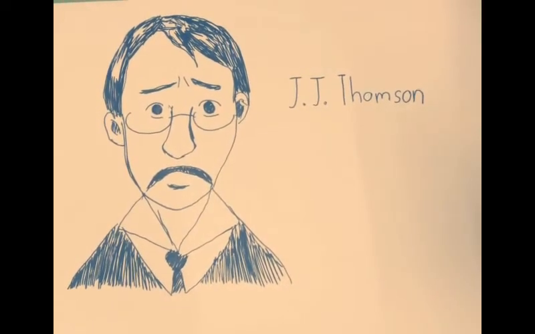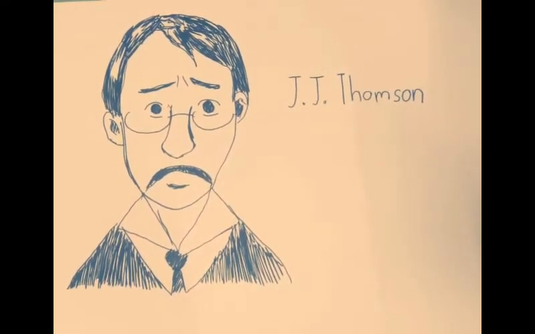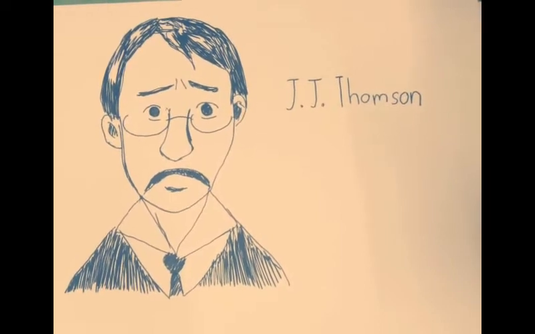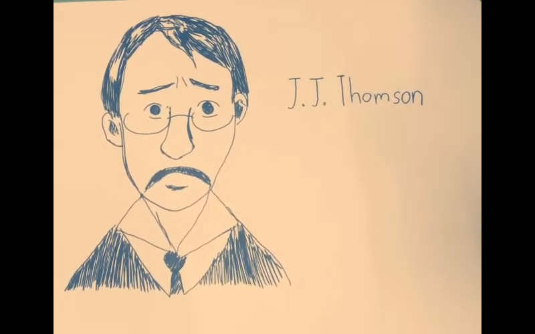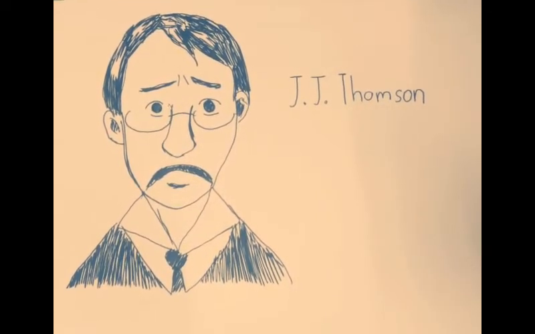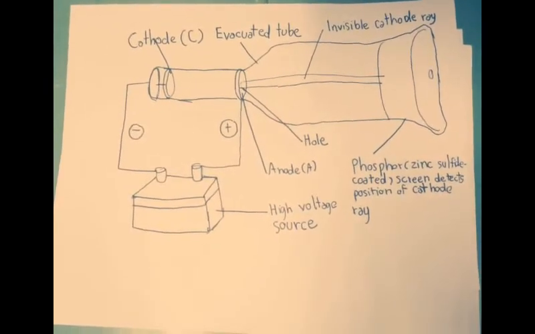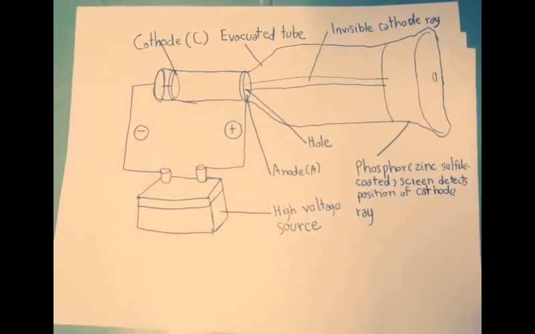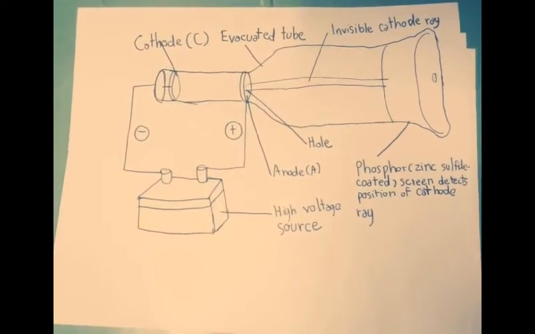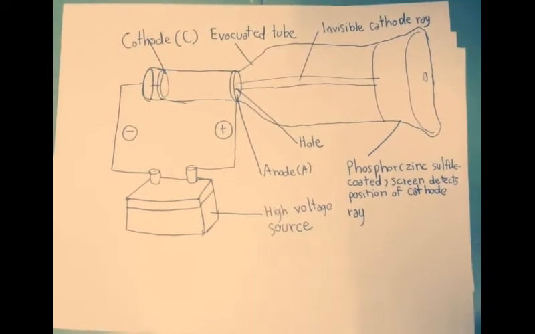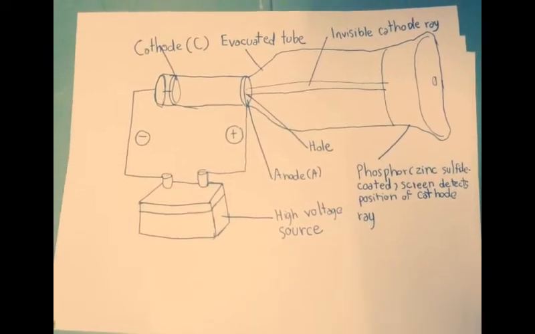Discovery of electron. Thomson did experiments on cathode ray to explain that atoms were not indivisible particles. From his experiment, the cathode ray bends toward the positively charged plate, so the cathode ray consists of negatively charged particles, later called electrons.